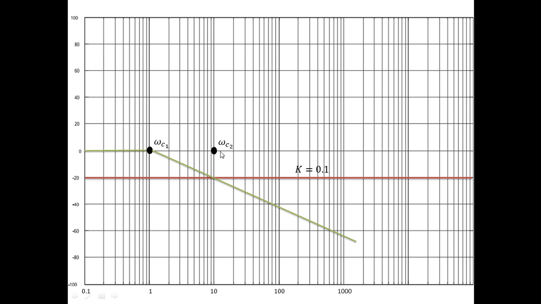For omega c2, the corner frequency is at omega equal to 10. Before that, the magnitude is 0. After that, I have a straight line with a slope of minus 20 again. As you see here, from 10 to 100, the difference in the magnitude is minus 20, which means I have a straight line with a slope of minus 20.